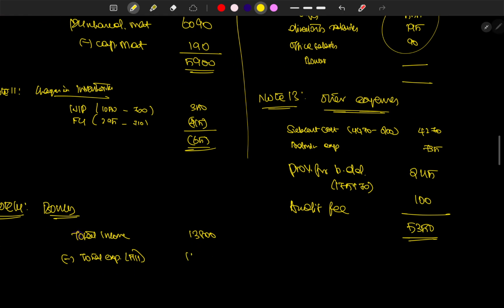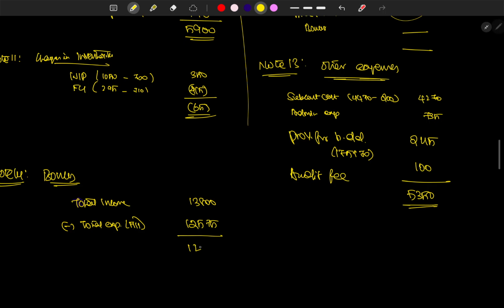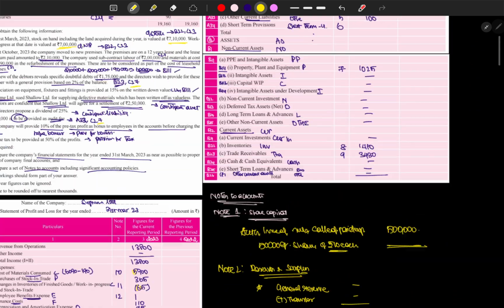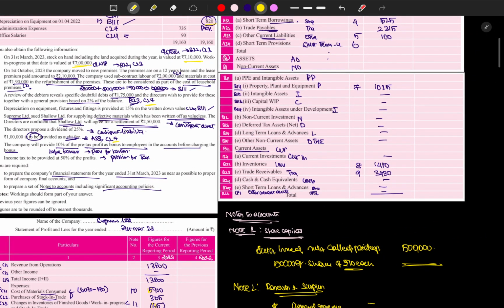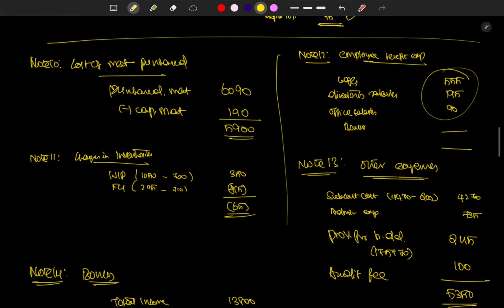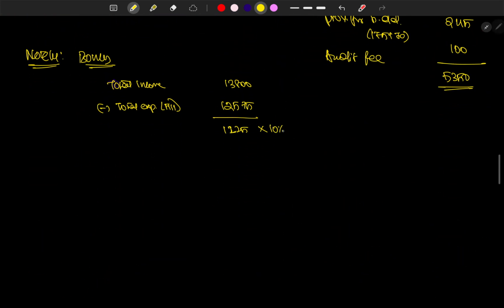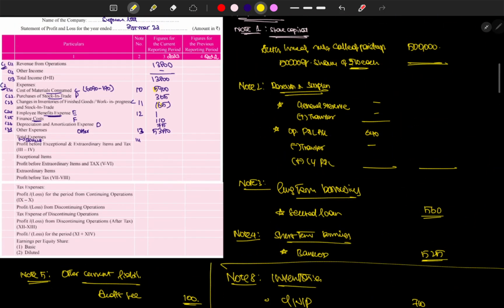So 12,575 is the total expense. 1,225 is the profit before bonus percentages. Bonus percentage is 10%. Okay, 10% as bonus, which is 122.5. So 122.5 is the bonus.